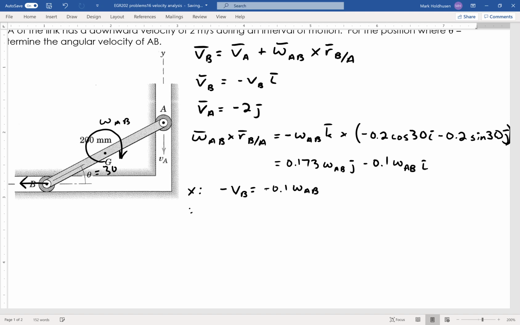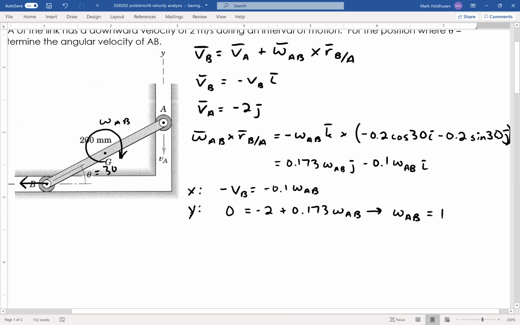And then I have the y equation, which is going to be 0 because VB is none in the j direction, equals negative 2, plus 0.173 omega AB.